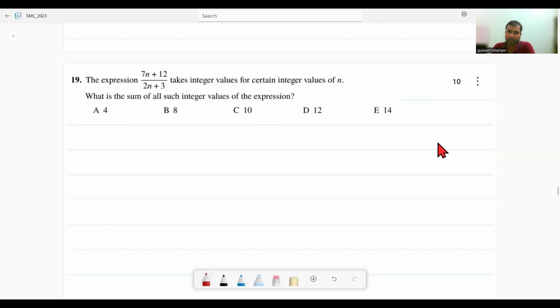Now the expression 7n plus 12 divided by 2n plus 3 takes an integer value for certain integer values of n. What is the sum of all such integer values of the expression?